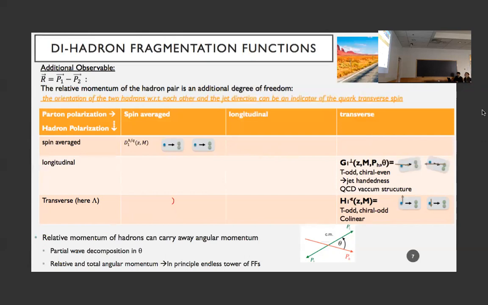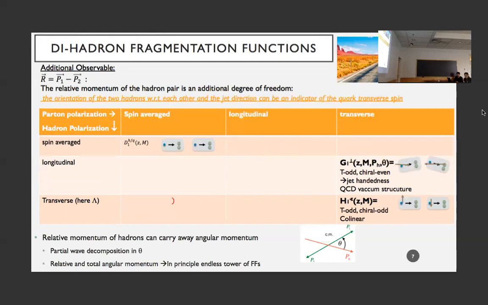Then we have this other function, G1 perp, which I would call the worm-gear fragmentation function, which gives me the sensitivity of the two-hadron pair to the helicity of the initial quark. That is possible because this is a TMD, so only by introducing the TMD can I get this correlation between helicity and the transverse angular momentum in the final state.